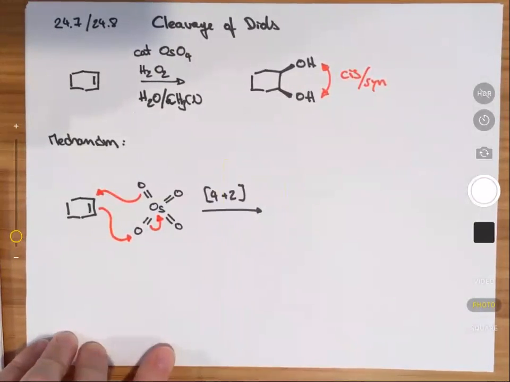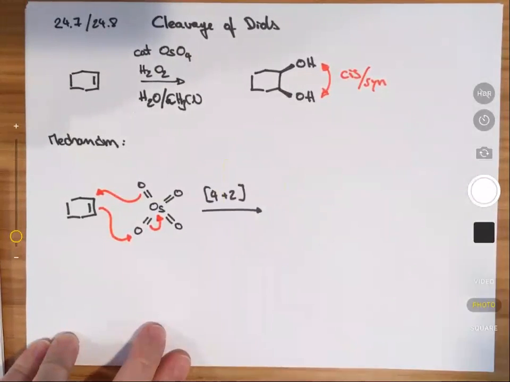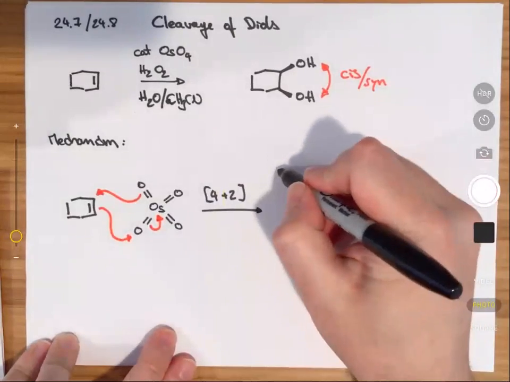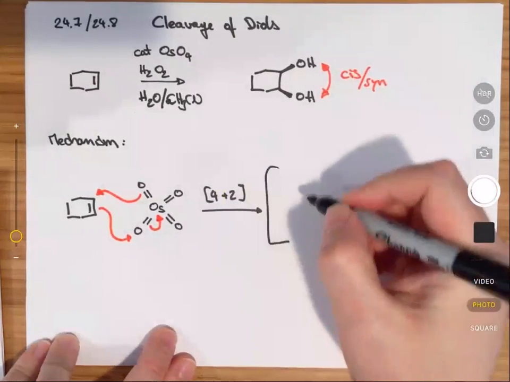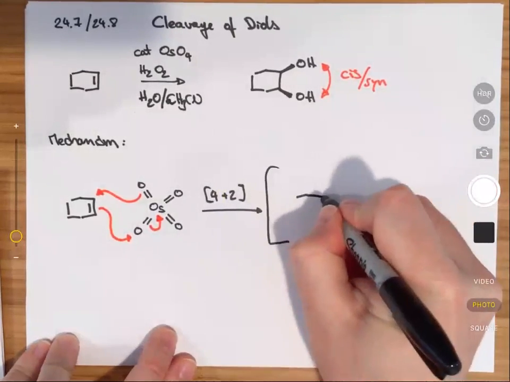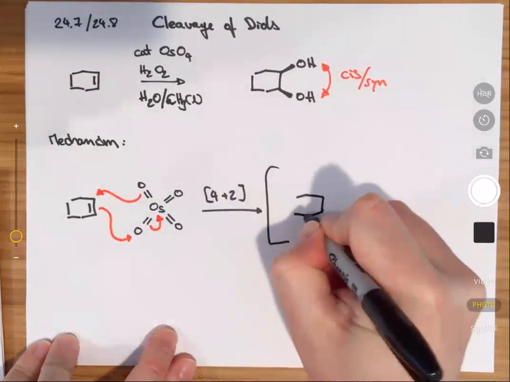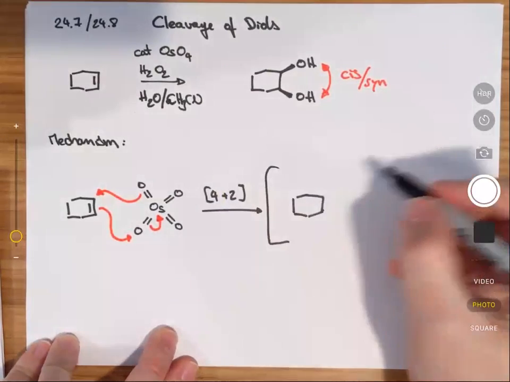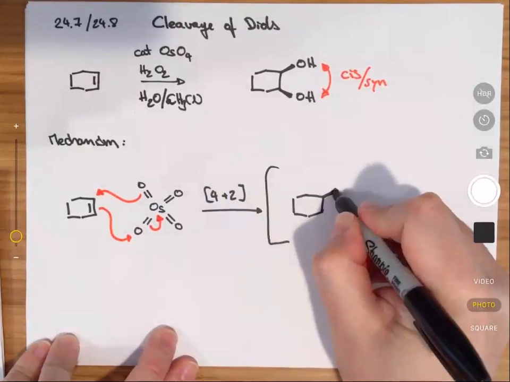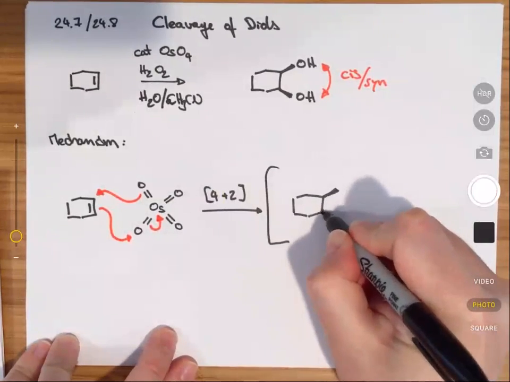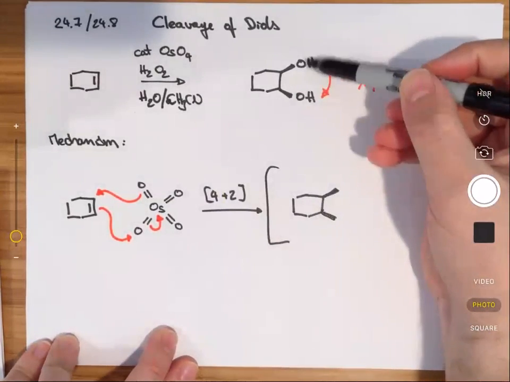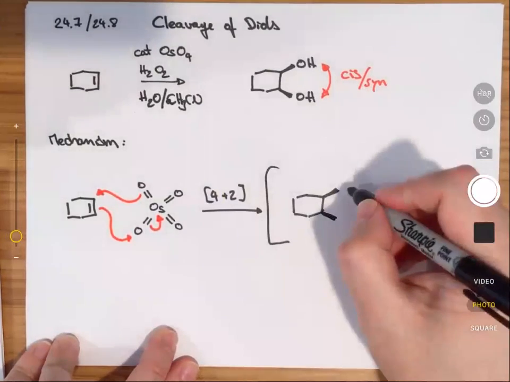And that will give us as an intermediate an osmate ester. I can draw this out. And the fact that it's a pericyclic reaction defines essentially the stereochemistry around this osmate ester. So that guarantees essentially that these hydroxyl groups are going to end up on the same side.